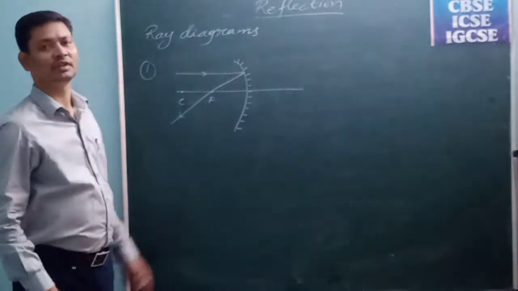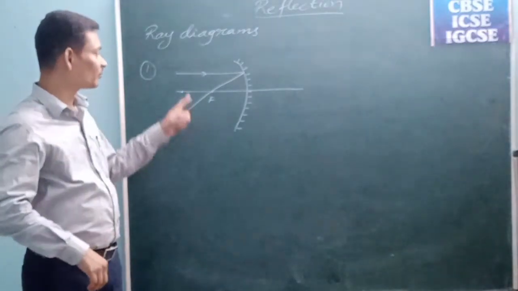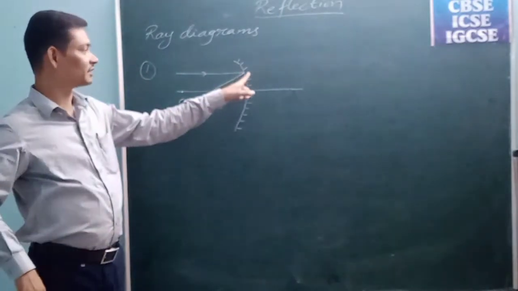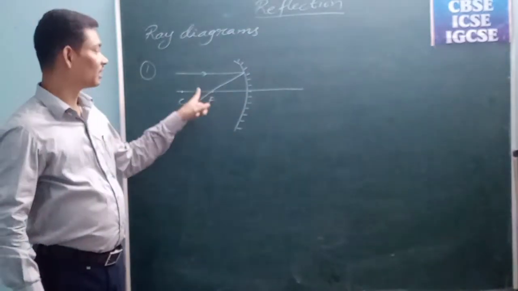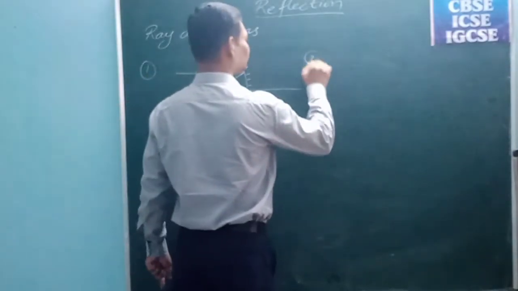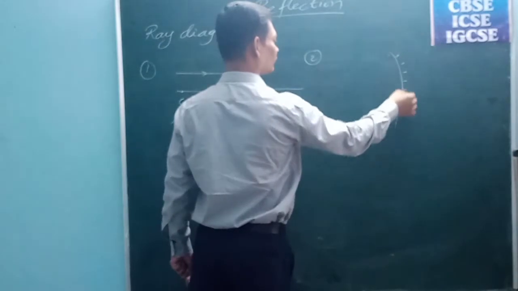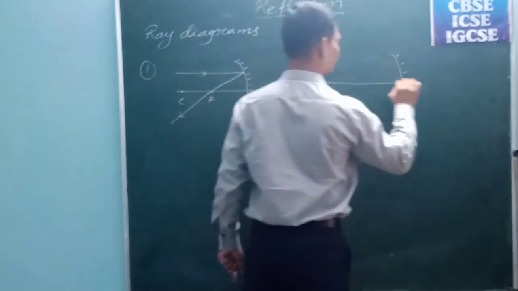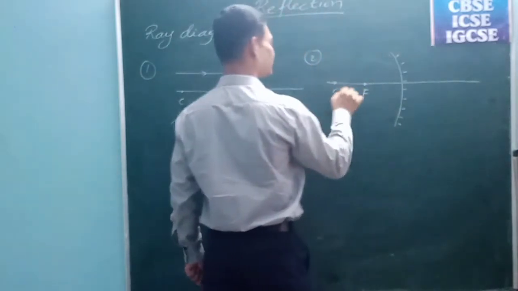So this is the first rule. While drawing the ray diagrams, we will follow this rule. So the first one, when a parallel beam of light ray falls on the concave mirror, it passes through focus. The second rule, here is the focus, here is the center of curvature.